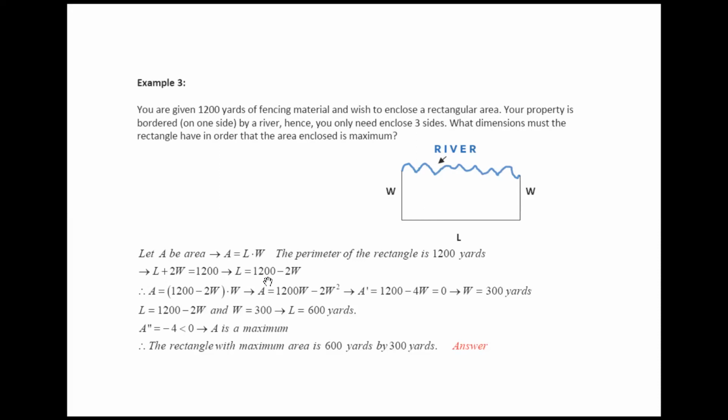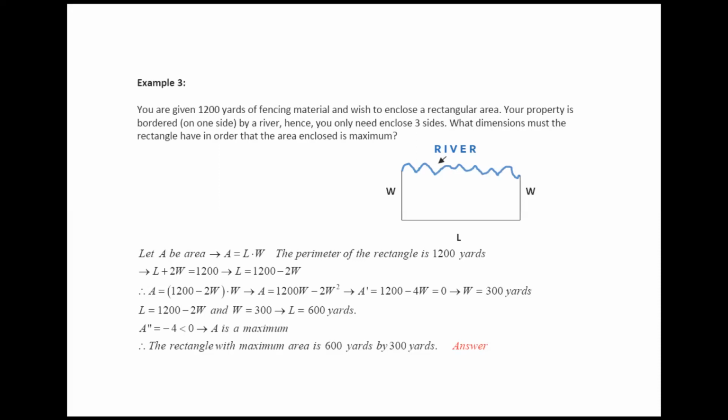So now what we do is we replace L in the area equation with 1200 minus 2W times W. Again, we're not going to use the product rule. We'll multiply this out, take the derivative and we get this, and then we'll set it equal to 0, and we find that W is 300 yards.